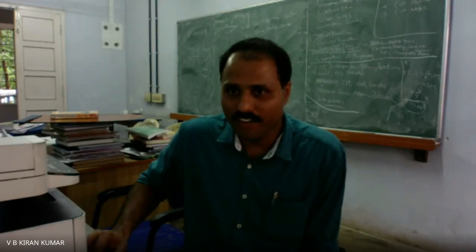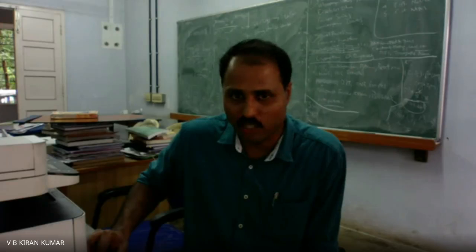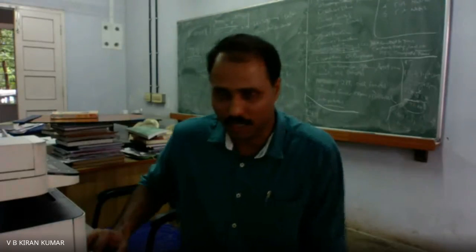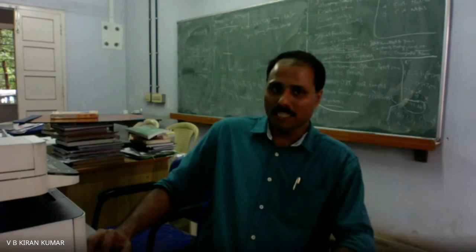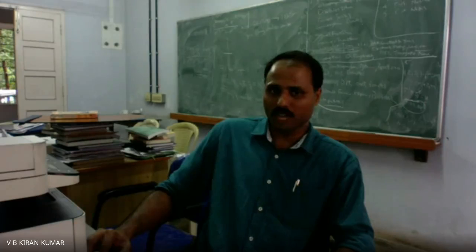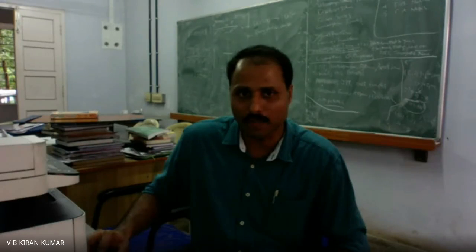Then for every f belonging to X, the set of f alpha such that the inner product of f alpha with f is non-zero is at most countable. So even though the f alpha can be uncountable, the set where the inner product is non-zero is at most countable. That is a very important thing because these are what we use to represent f.